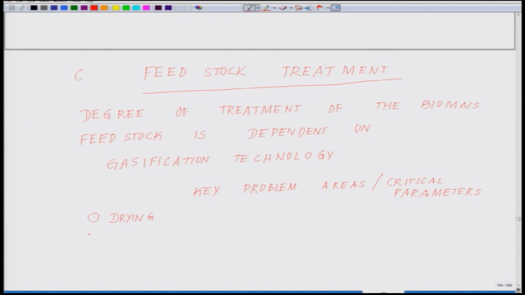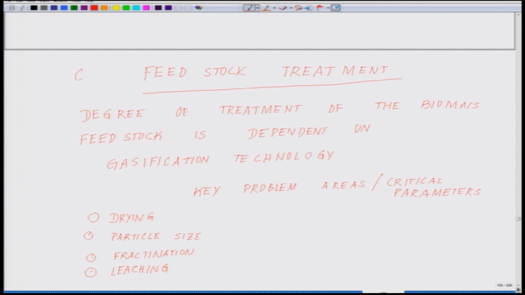Second one is the particle size of the feedstock. Third thing is fractionation. And the fourth aspect is leaching. These are the key problem areas which we will be discussing.